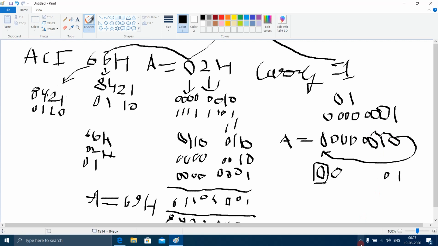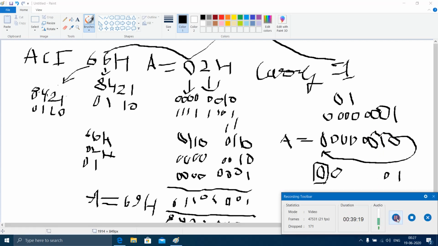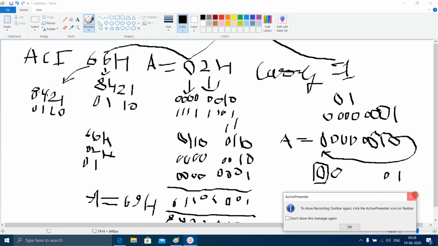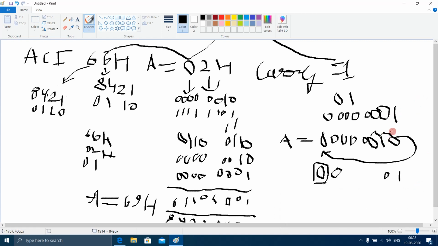This 0 will be copied here. This 1 will be copied here at this position. This 0 will be copied at this position.